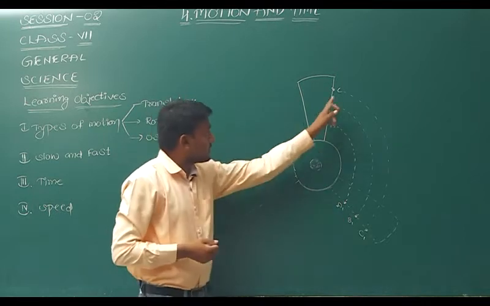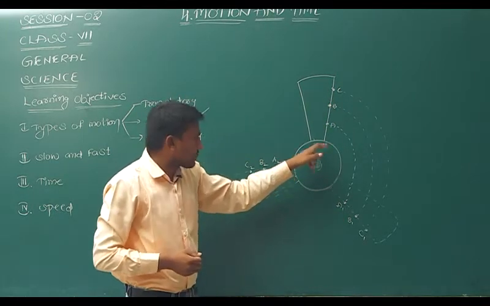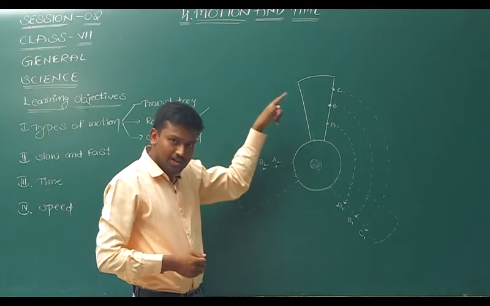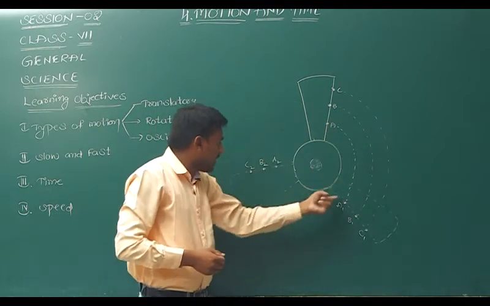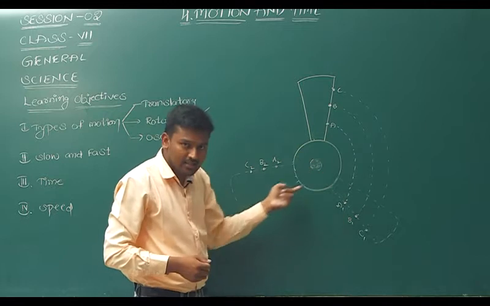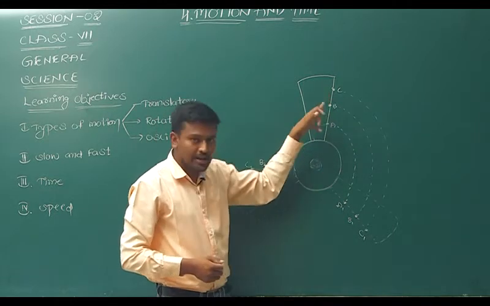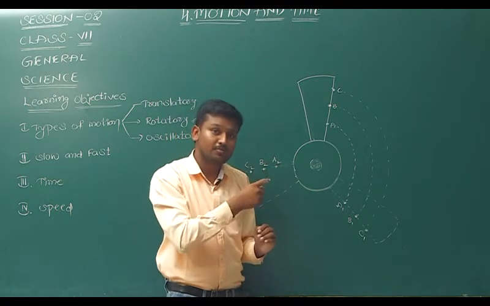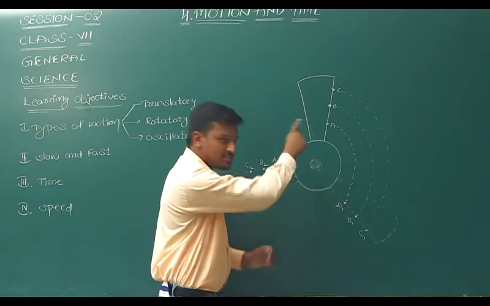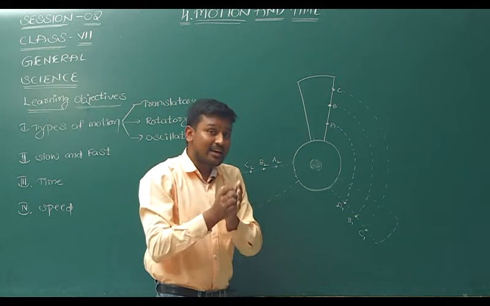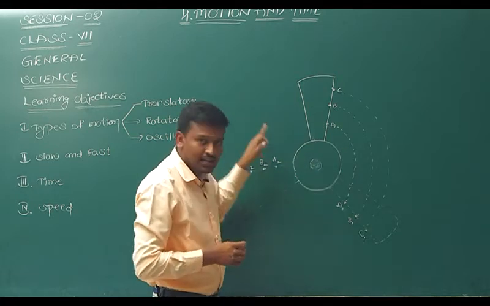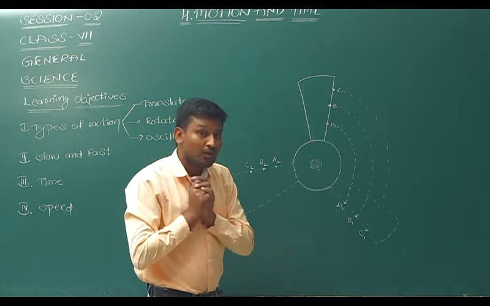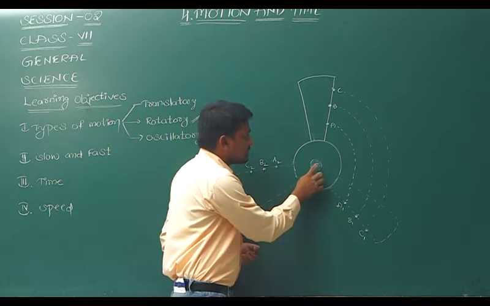So now the same 3 points, A, B, C, in just one rotation are rotating in a circular path, every time in the same path. What is the path? It's a circular path like this. And they are rotating in a circular path around a fixed point. What is that fixed point? This is the fixed point.